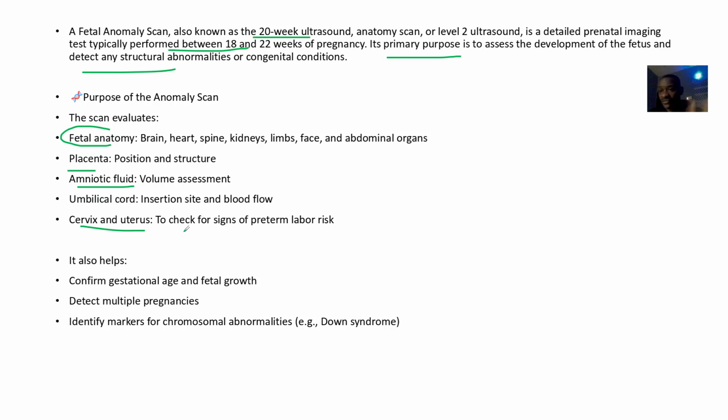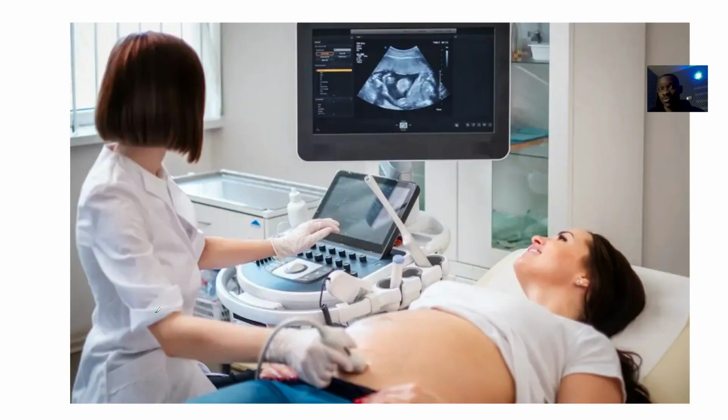You want to check if there's any issue that will come when the baby wants to be giving birth. It helps to confirm gestational age of the baby, check how the baby is growing, detect if you are carrying a twin or just one baby, and identify markers for chromosomal abnormalities. Basically, you want to check for any possible abnormalities.